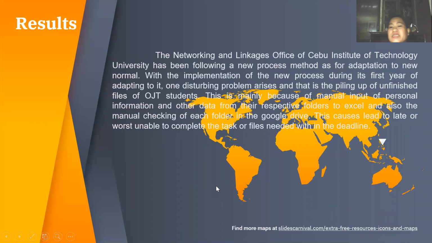The Networking and Linkages Office has been following this method for adaptation to the new normal, with implementation of the new process during the first year. A disturbing problem arises, that is, the filling up of unfinished files of the OJT students, because of manual input of data and information with their respective folders into Excel, and also manual checking of folders in Google Drive.